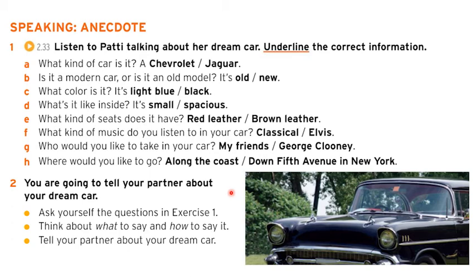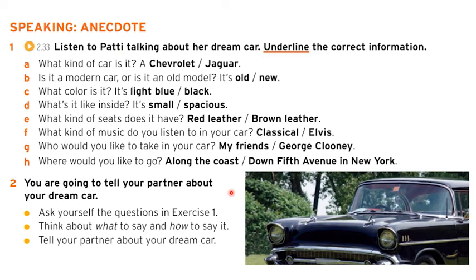My dream car is an old car. I love cars from the 50s or 60s, and my favorite is a Chevrolet. A really big, old Chevrolet. It has to be black, definitely black, with a silver bumper and big, flashy headlights. Inside, it's really spacious, with plenty of room to stretch your legs. The seats are soft and made of leather, red leather.